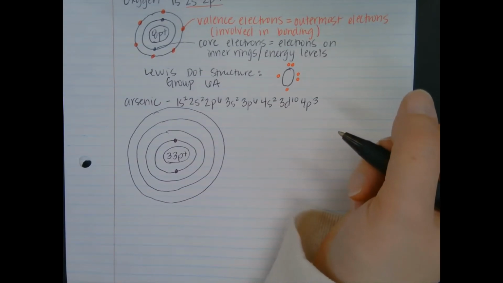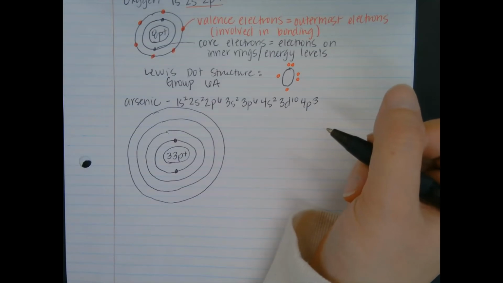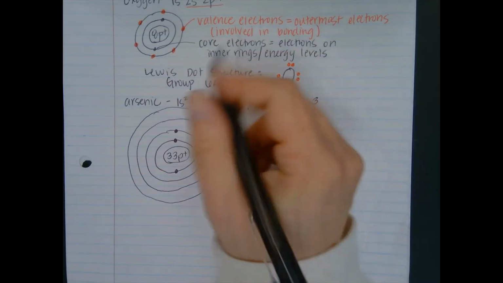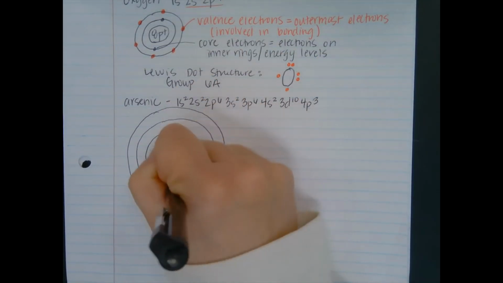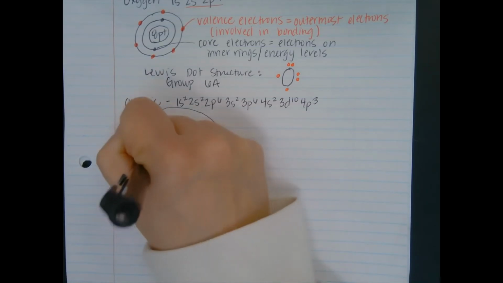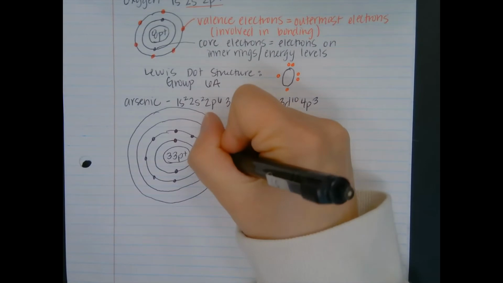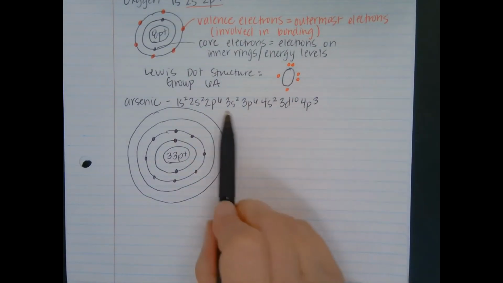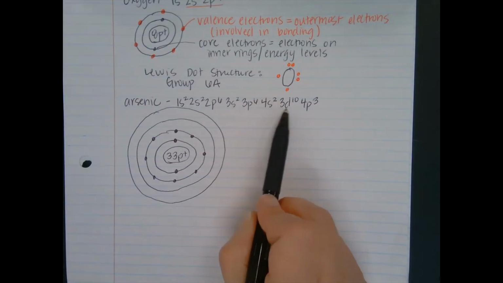Either way. 2s2, 2p6. How many is going to go on the second? 8. 2 plus 6 is 8. 1, 2, 3, 4, 5, 6, 7, 8. How many go on that third energy level? Good. 3s2, 3p6, and 3d10.